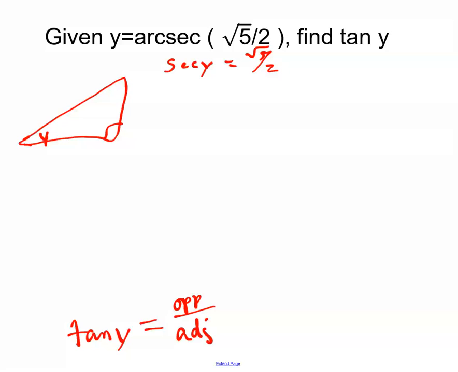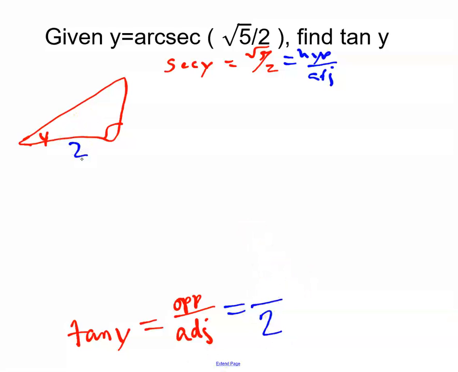Cosine is adjacent over hypotenuse, so this has to be the hypotenuse divided by the adjacent. So that tells me that my adjacent side is 2.